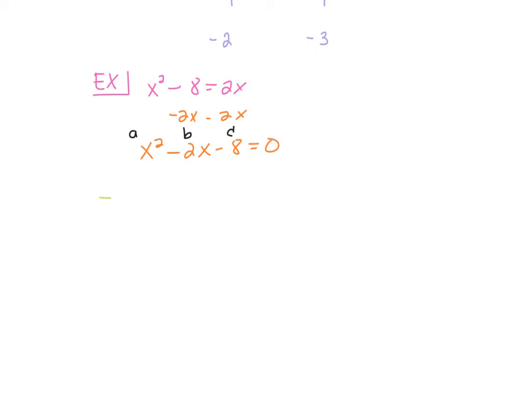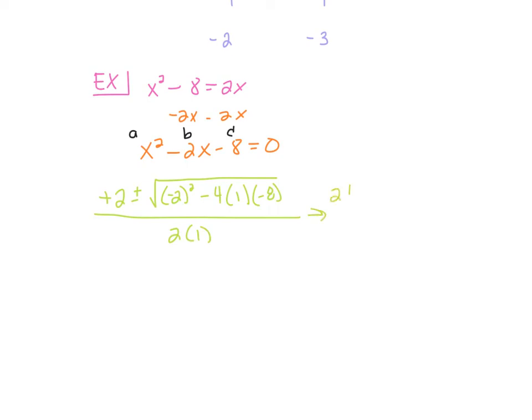Negative b, well, b is negative 2, so the negative of a negative is a positive 2, plus or minus the square root of b squared minus 4 times a, which is 1, times c, which is negative 8, all divided by 2 times a, which is 1.